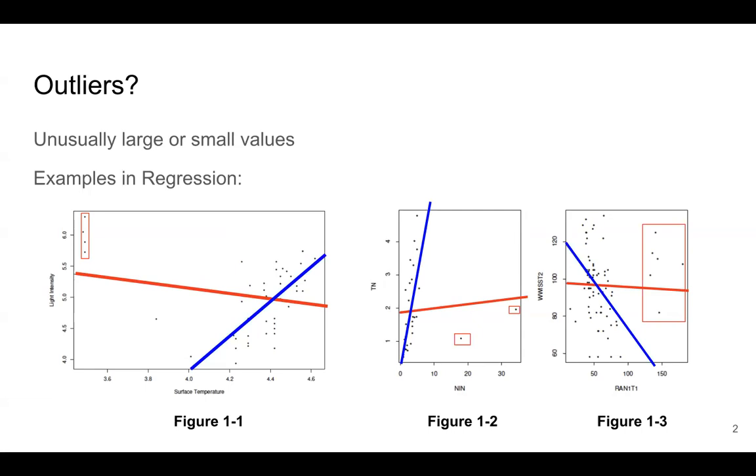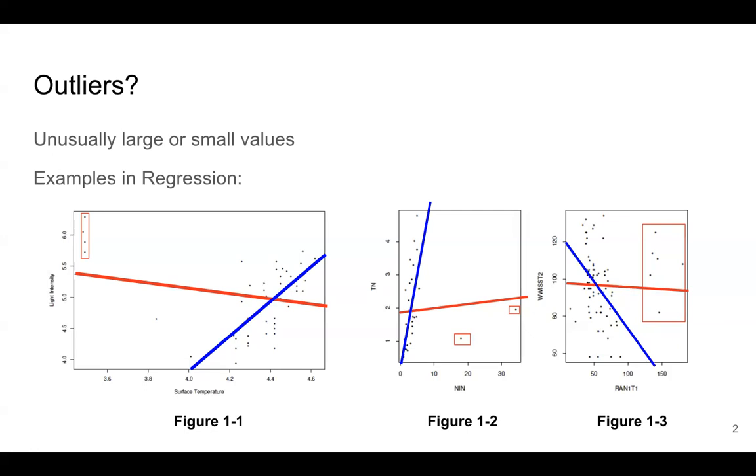If you take a look at figure 1, each figure has two lines, the red line and the blue line. If you look closely, the blue lines fit much better. They follow the trend of most of the data much better, and the red lines are not so reliable.